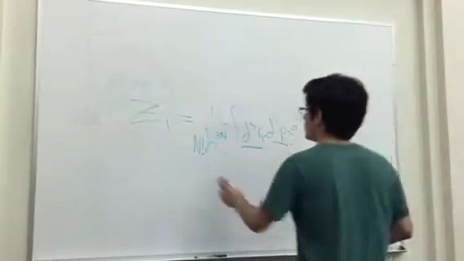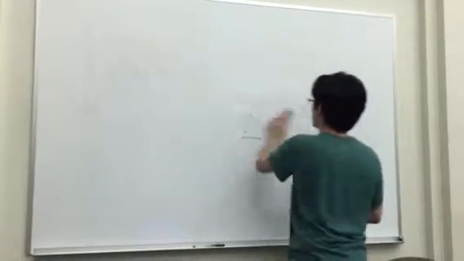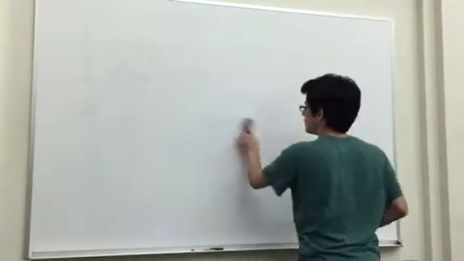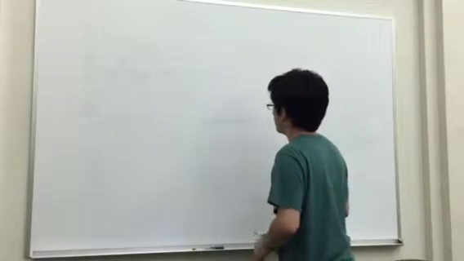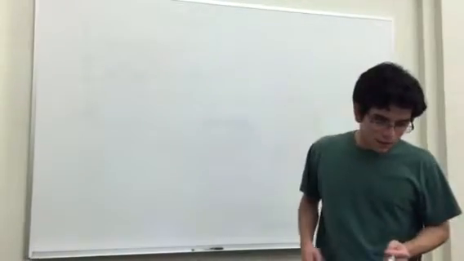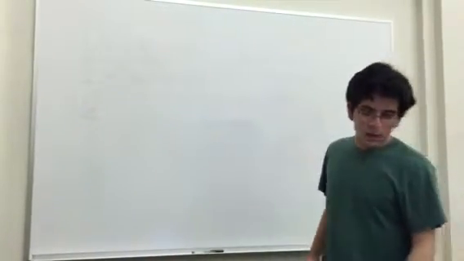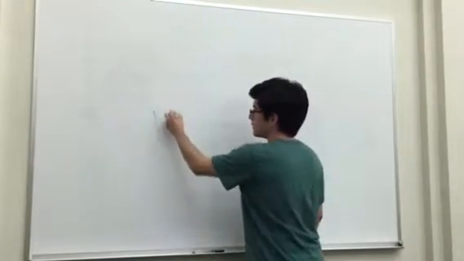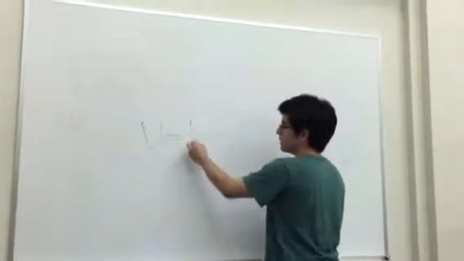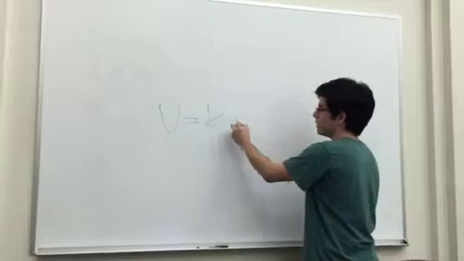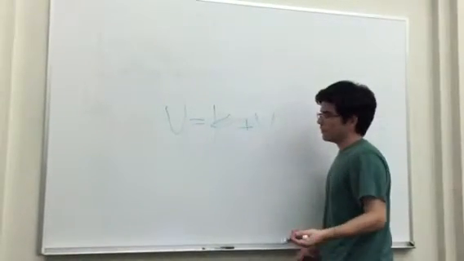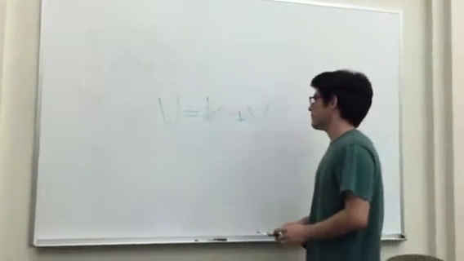So now we're at kinetic energy stuff. We know that the total energy of the system is equal to kinetic energy plus the potential energy, from Physics 271.